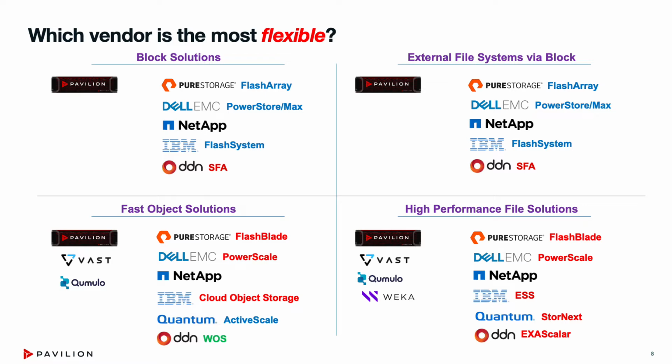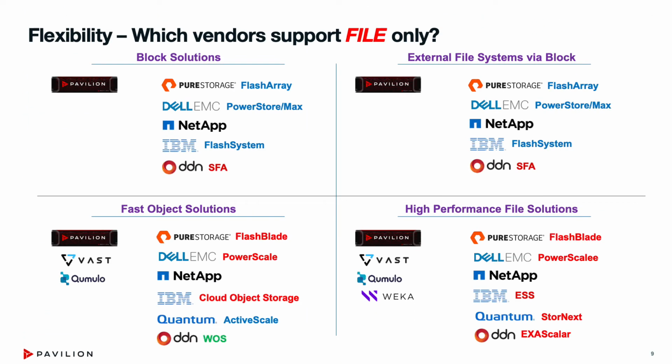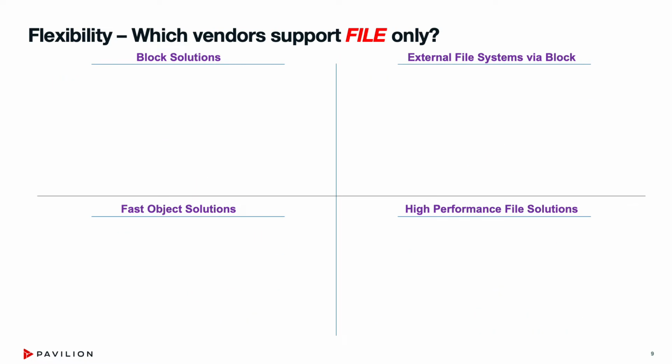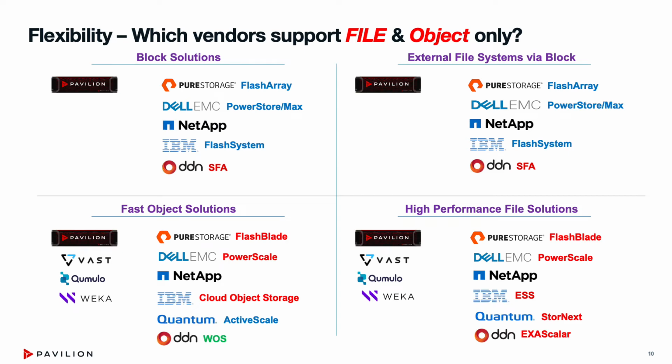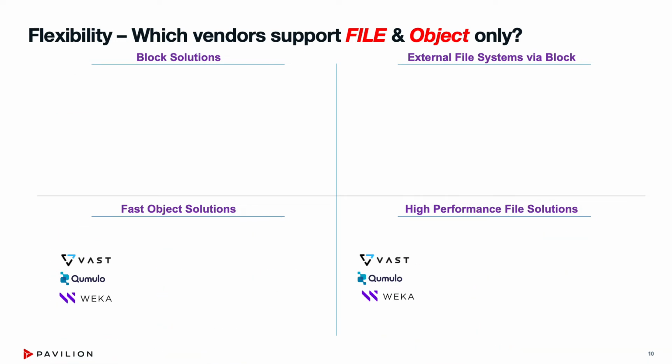So which vendor is the most flexible? Let's look at that dimension. Let's start with block. Which vendors support only file? Nobody. Which vendors support file and object only? Well, that'd be VAST, Qumulo, and Weka.